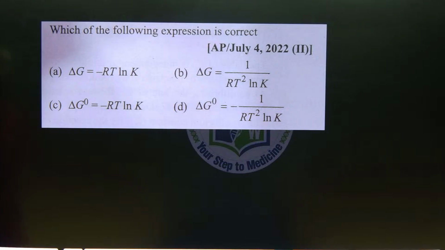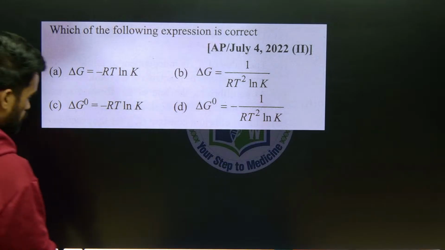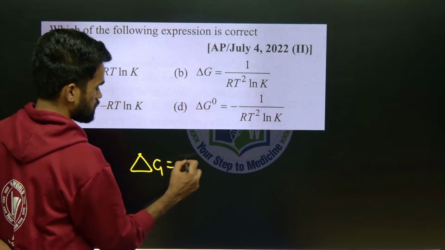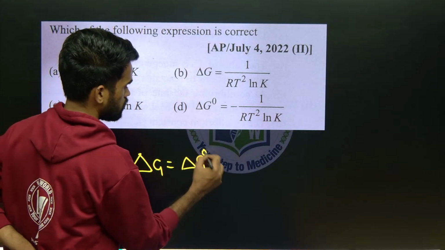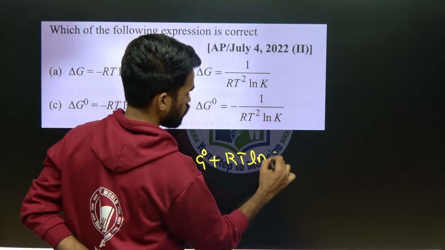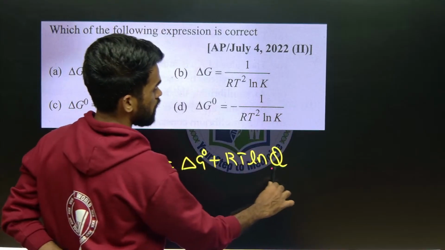Which one of the following expressions is correct for delta G? Remember, Gibbs free energy is there. Now, delta G will be taken as delta G naught plus RT ln Q, where Q means reaction quotient.